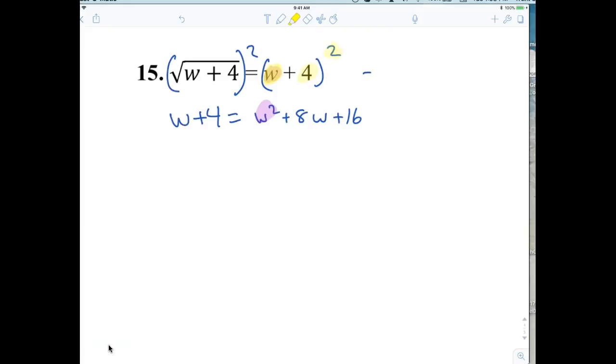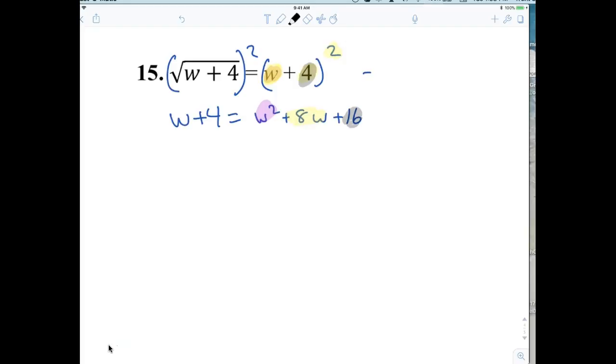That's where I'm getting this 8W from. There's a pattern to that. And then all you do is you square the last term. That gave you the 16. Does anybody have any questions now? That's what I need for you to be able to do.